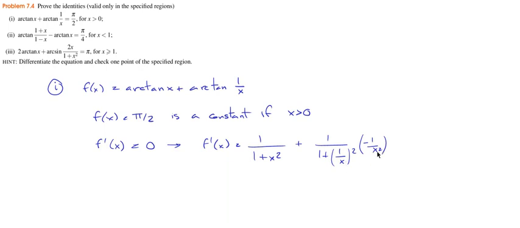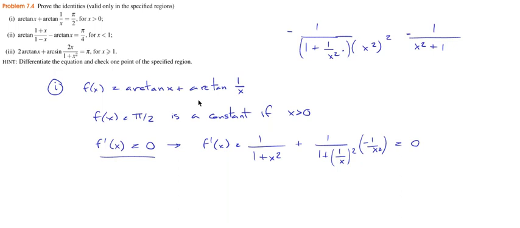Now let's operate with this. If we expand this product, we have minus 1, and then x squared multiplies this and x squared multiplies the other thing. This is minus this thing, so this is actually 0. So that's correct, this function is constant.